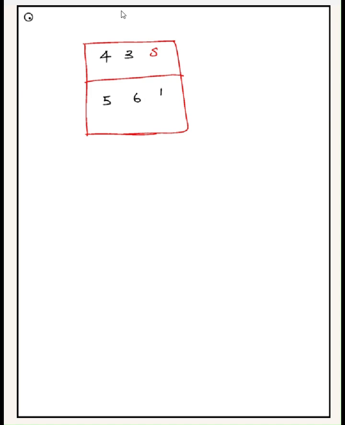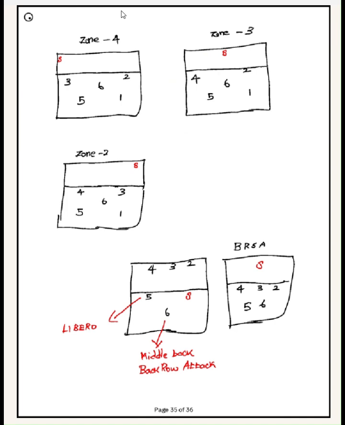When the setter comes to the front zone, the setter's responsibility is to block and set, whereas when the setter is in the back row, the responsibility is receive and set. That's one thing to consider.